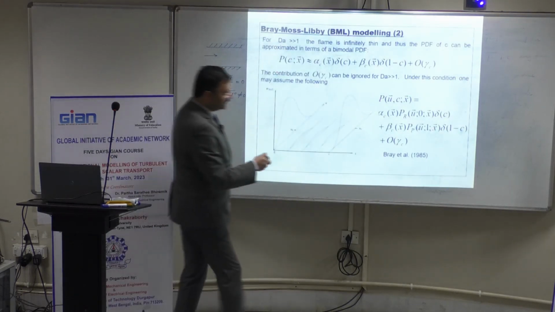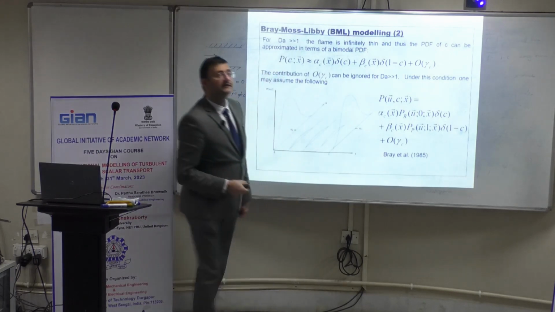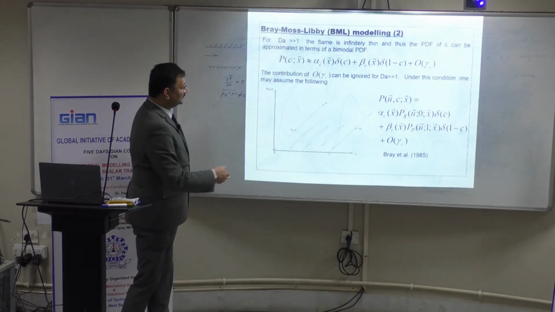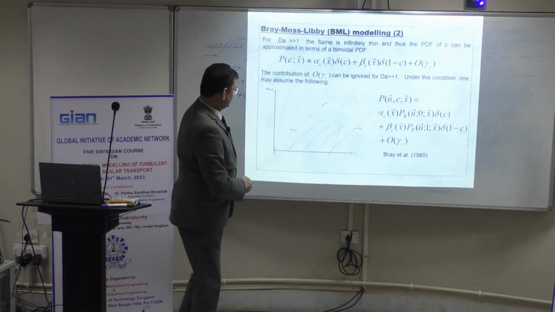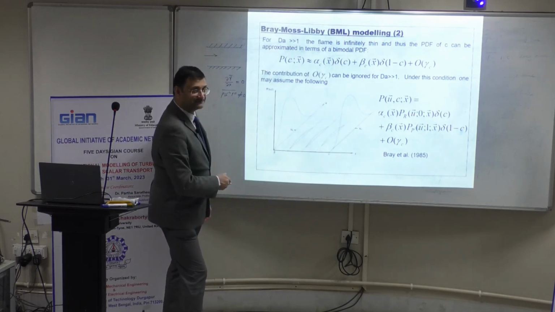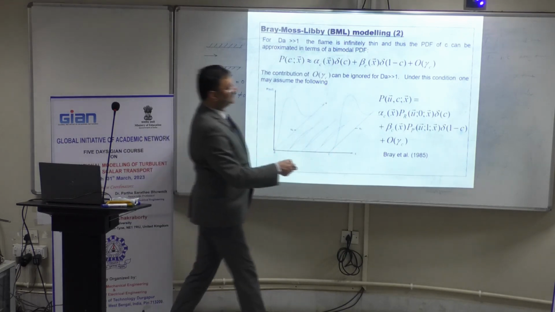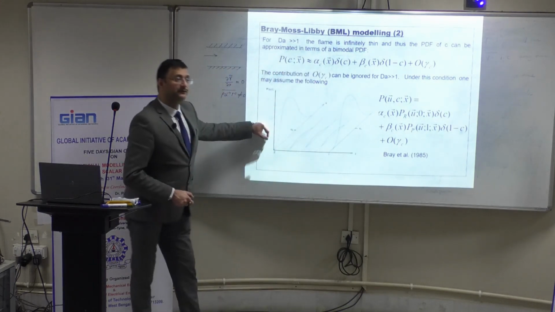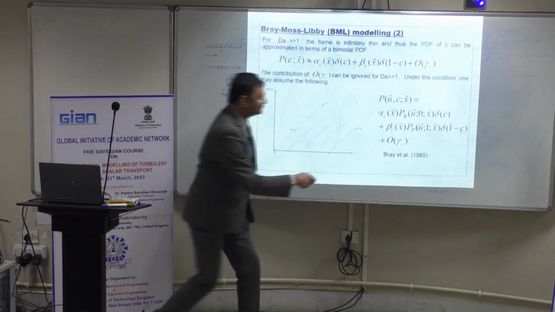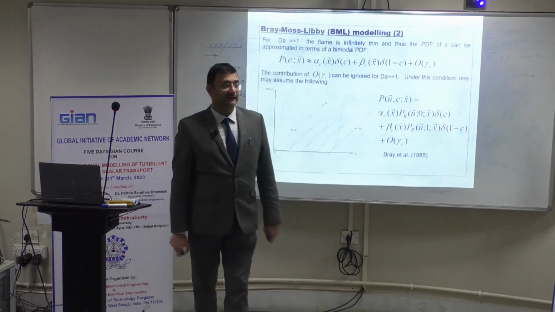Similarly, the joint PDF of the velocity vector and reaction progress variable can be drawn like this. Effectively, you have one delta function again for C equal to 0, another delta function for C equal to 1. But this is the PDF of velocity in pure reactants. This is the PDF of velocity in products.